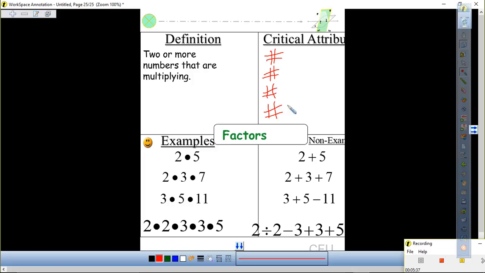Can you give me one? Hashtag multiply. How about multiply only? Okay. Why? Two or more. Is that it? Hashtag math. Yay.